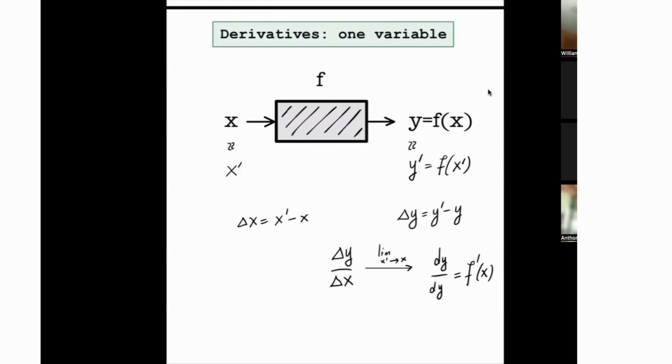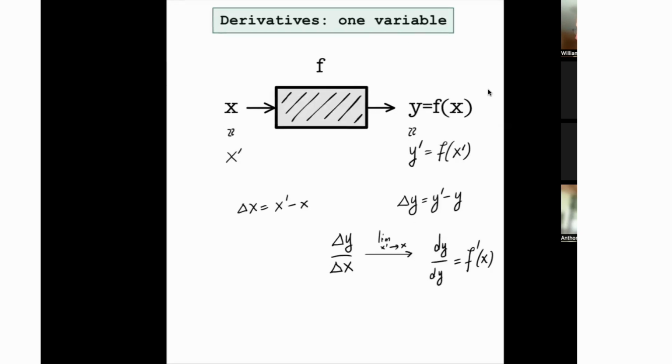And if the derivative is positive, it means that increasing the value of x will give you a corresponding increase in the value of y. If the derivative is negative, it means increasing x results in a decrease in y. And then ultimately, the size of the derivative tells you how fast or slow these changes occur.